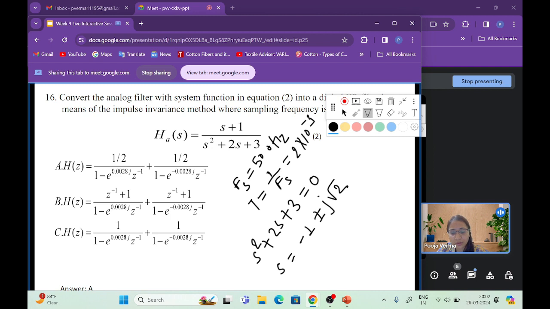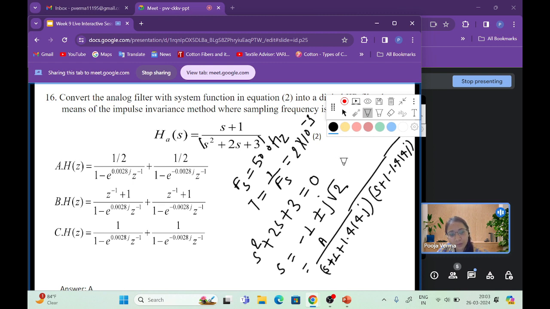Now we have to solve this equation by partial fractions. Writing the equation in terms of the poles, you will get S plus 1 plus 1.414 j, that is one pole, and the other pole is S plus 1 minus 1.414 j. The value of root 2 is 1.414.